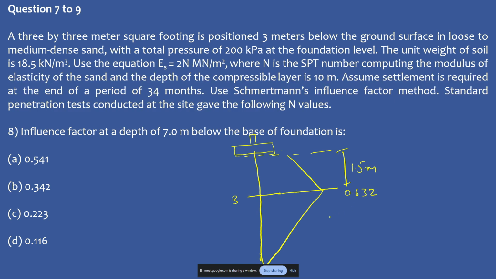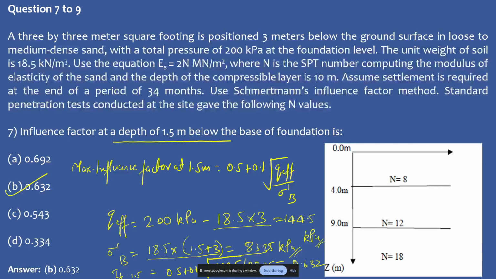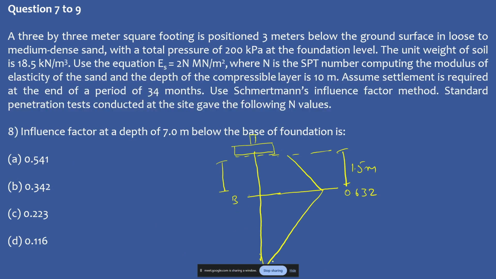Now they are asking for how much? The extreme bottom is 2B, the triangular bottom. The coordinates are 2B from the foundation level, so it's 0 comma 2B, right? Yes. So 2B means 2 into 3, 6 meters.